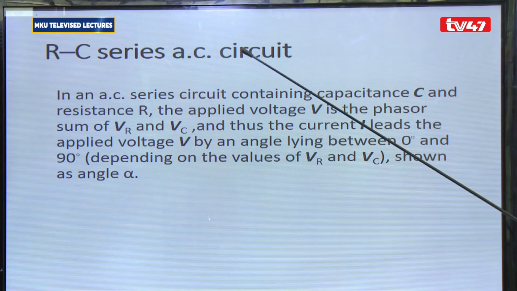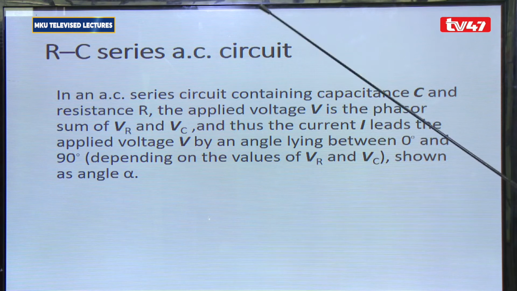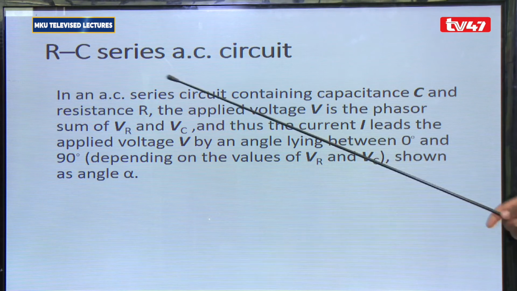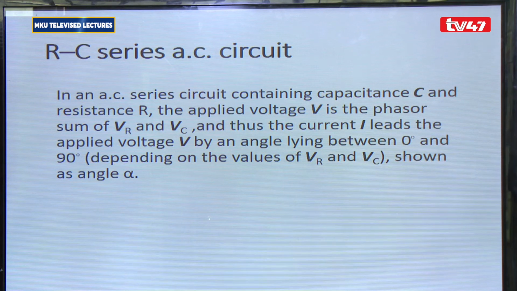Just like what we had in the RL circuit, the voltage across the resistor and the voltage across the capacitor give us the resultant voltage V.